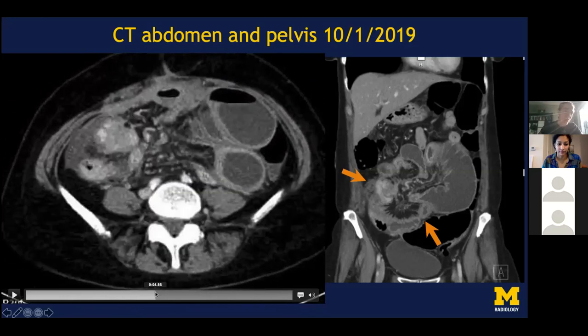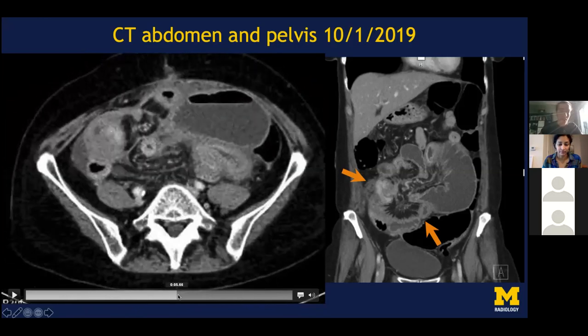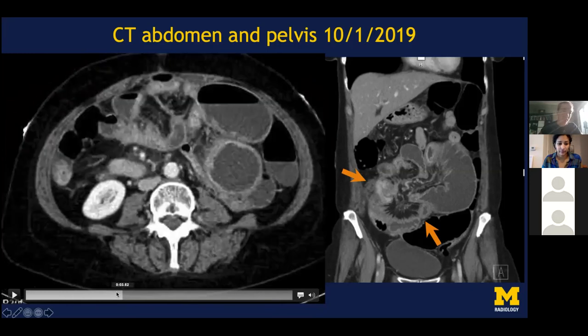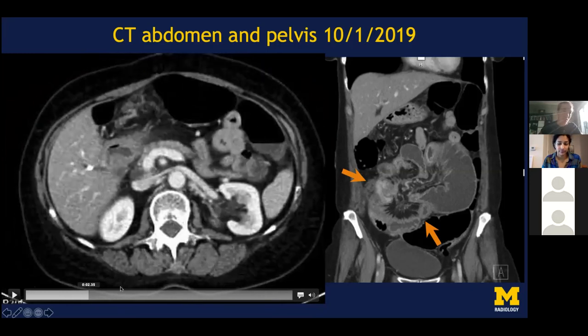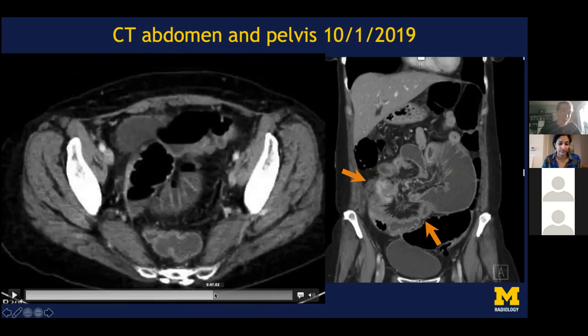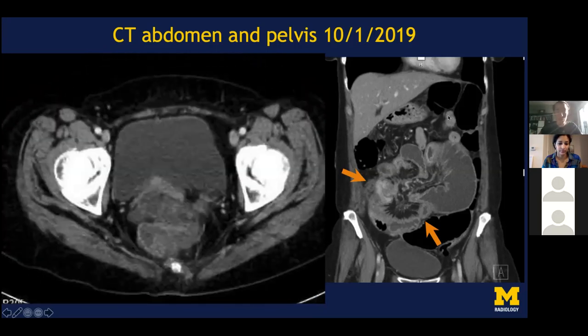The mass is still present here in the right lower abdomen. And we have some mural edema and carcinomatosis. So this is a malignant small bowel obstruction. And then this coronal image demonstrates the multifocal points of obstruction and the dilated loops of bowel.